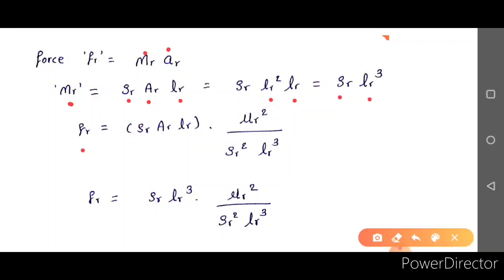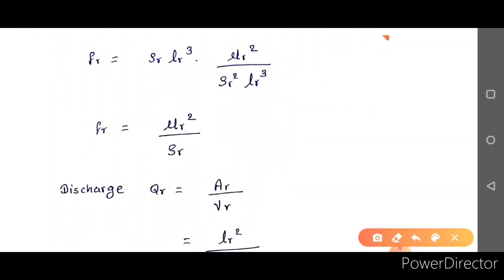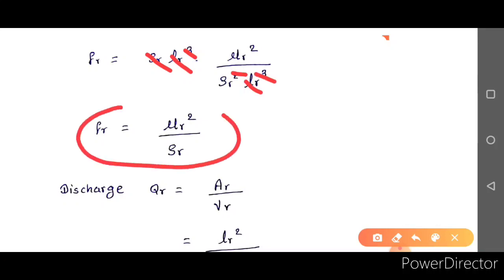So the ratio of force is equal to mass, this equation, into acceleration, which is the equation we have recently derived. From this derivation we conclude that density terms will cancel out, and the cubical term of L r will be cancelled out itself. So the final equation derived is F r is equal to mu r square divided by rho r.